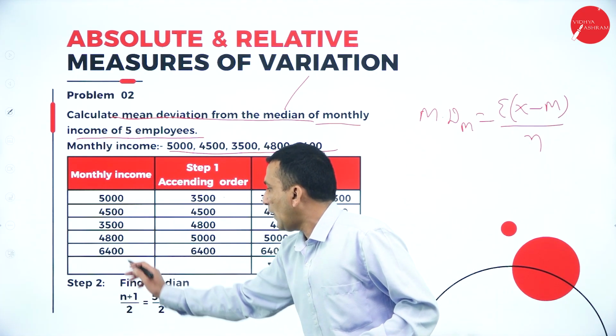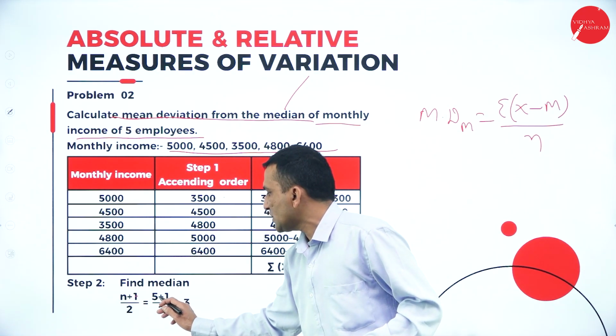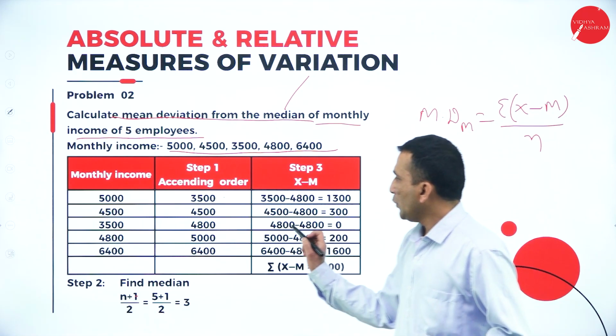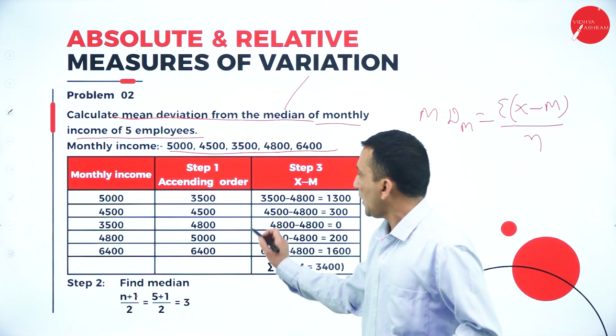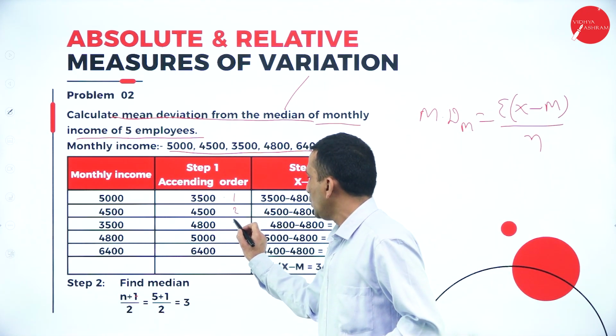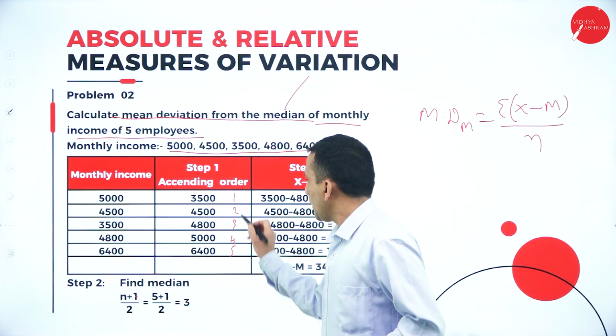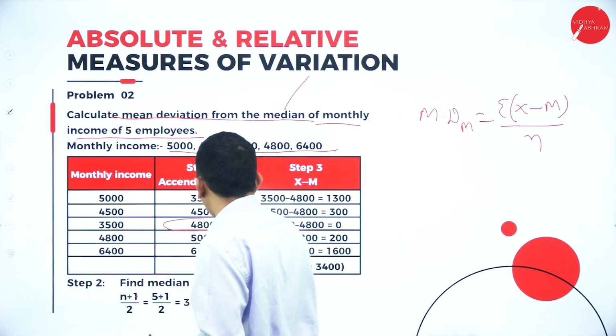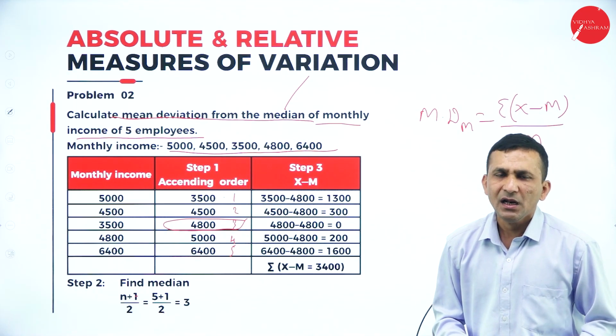The number of items is 5, so 5 plus 1 divided by 2 is 3. Marking 1, 2, 3, 4, 5, I can easily identify 4800 as my median.